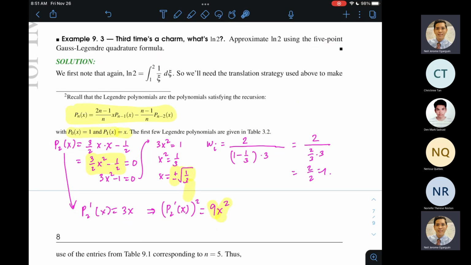Kaya lang, we need to be careful because the abscissas used in table 9.1 are all from the interval -1 to 1. So kailangan natin siyang i-translate kasi ang integration interval natin dito ay 1 to 2. But actually, we can take advantage of the change of variable that we have seen last time, translating an integral from 1 to 2 to an integral from -1 to 1. Okay? So review natin kung paano natin siya ginawa.